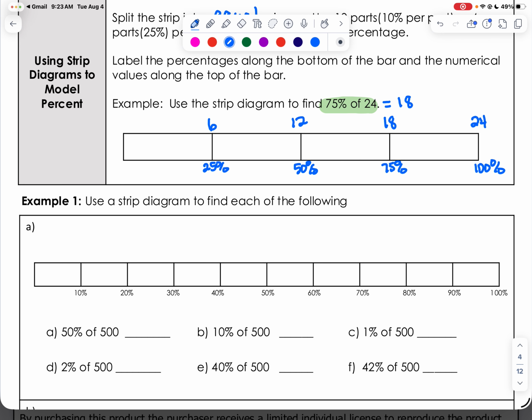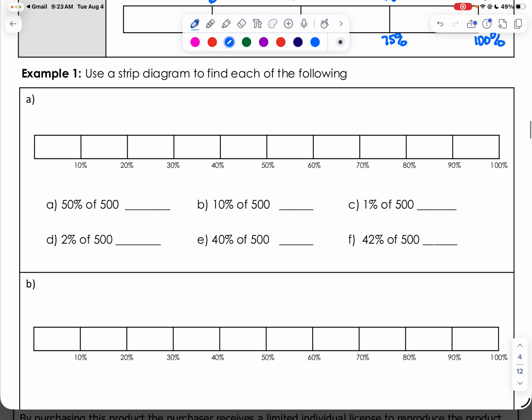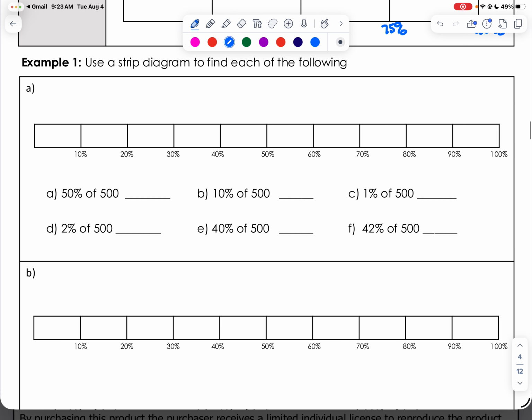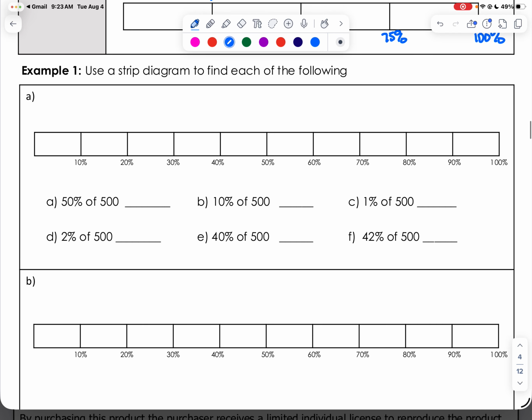All right. In example 1, it says use a strip diagram for each of the following. Now, to make this go a little bit quicker, I've already drawn the strip diagram and divided it into 10 pieces for us. And I've labeled each piece 10, 20, 30%, and so on. All right. So in problem A, they want us to find 50% of 500.